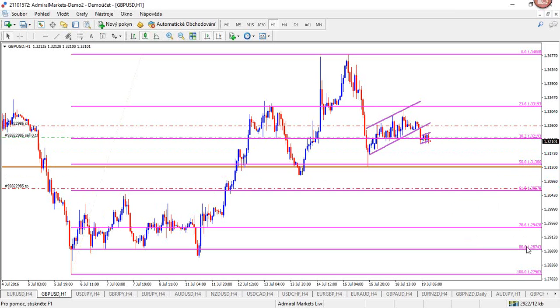Do we want to risk a bit more, go for a better target, get a bit more reward, but the chance of our target being hit decreases, or do we go for a safer target, one that has the best chances of being hit according to this analysis, which is the 61.8. There's no right or wrong here. It's just preference.